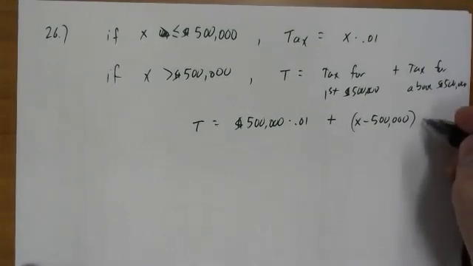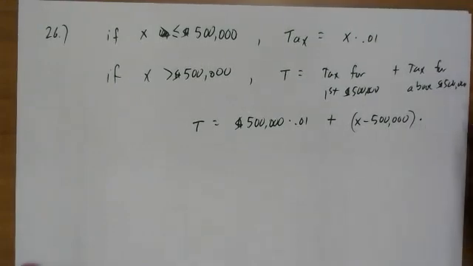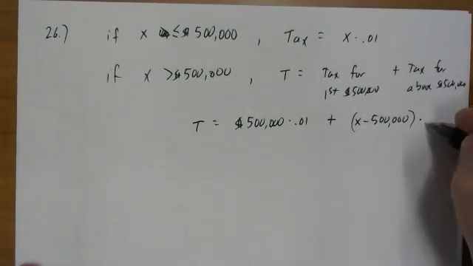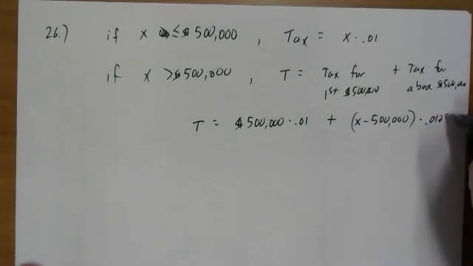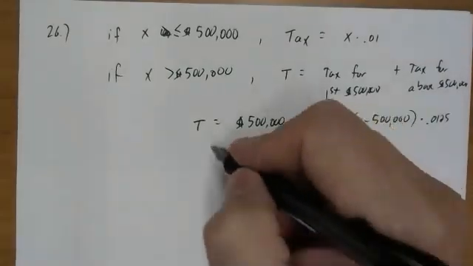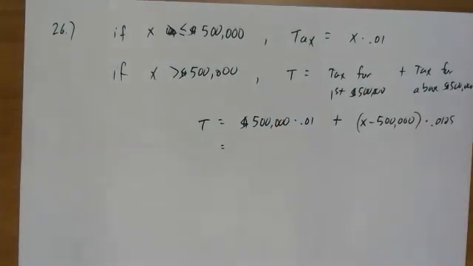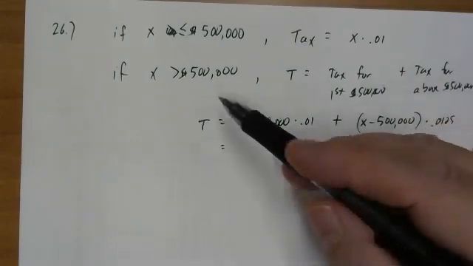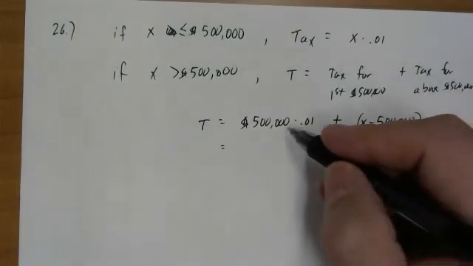And the new tax rate is 1.25%, or 0.0125. So this is the equation for your total taxes if you're making above $500,000.